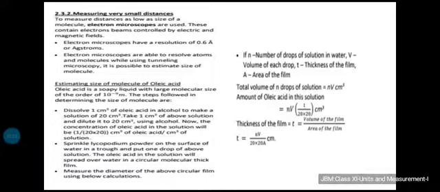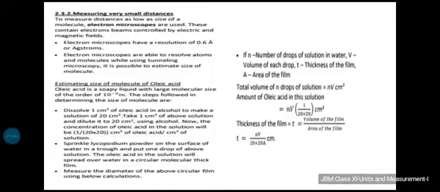What is a monomolecular layer? This means we will create a layer that is having one molecule thickness. So for that, we dissolve 1 cubic centimeter of oleic acid in alcohol to make a solution of 20 cubic centimeter. Then we take 1 cubic centimeter of this solution and dilute it to 20 cubic centimeter using alcohol.